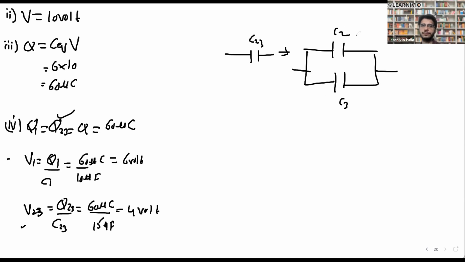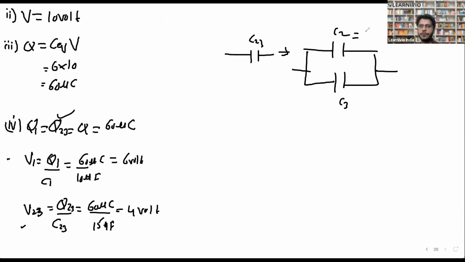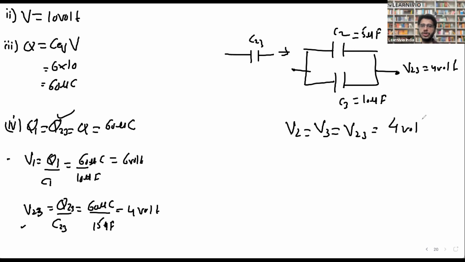Type B. How much is C2? C2 is 5 and C3 is 5. You have to keep on breaking these circuits in type A and type B. The total voltage across the circuit is V23, which is 4 volt. They are connected in parallel, so they will have same voltage, V2 and V3, which is equal to V23, which is equal to 4 volt.